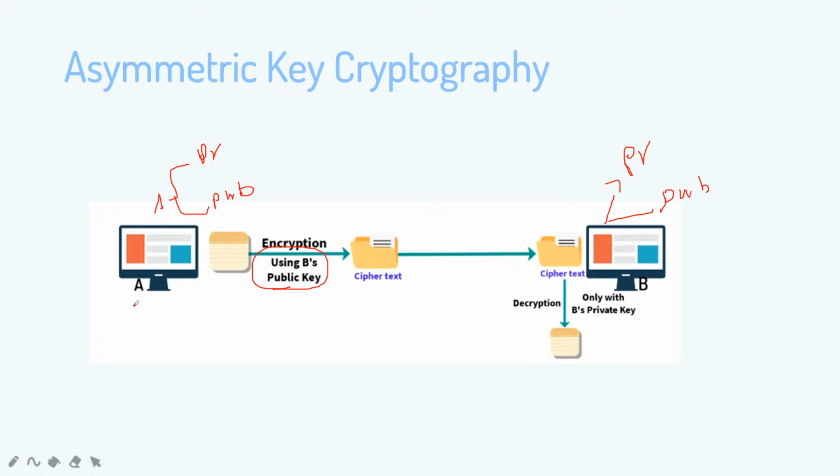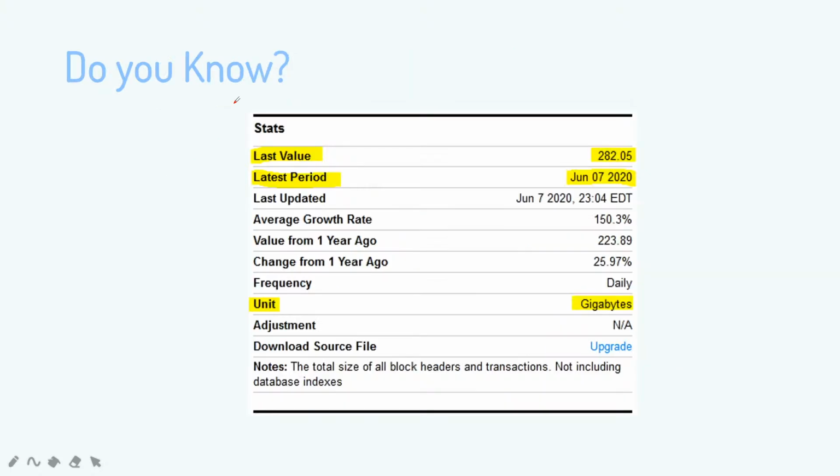For example, A wants to send a message to B. A will encrypt the message using B's public key. Then B will decrypt the message using B's private key. So that is the use of asymmetric key cryptography. Then the message will be somewhat confidential. So that is the use of this.